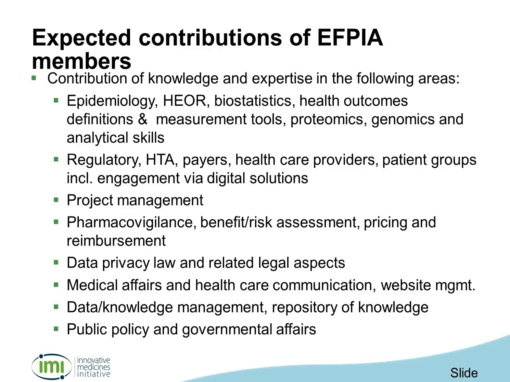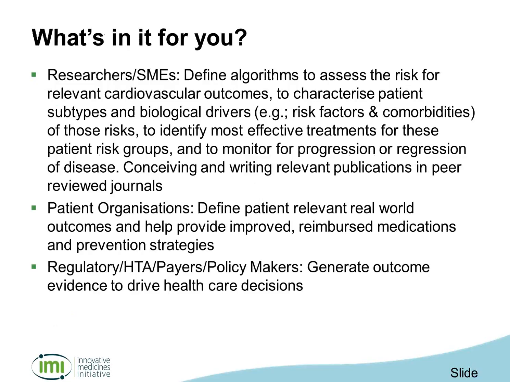So on the next slide, we'd like to define what we think is in it for you as potential applicants. Those of you who are researchers or small to medium enterprises, we believe one of your key tasks will be to help in the definition of algorithms to assess the risk for relevant cardiovascular outcomes. And on a very high level, we believe this will involve characterizing patient subtypes and biological drivers, such as risk factors and comorbidities of those risks.